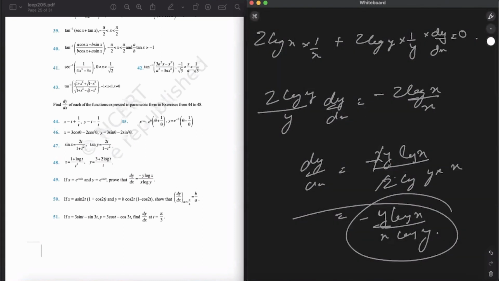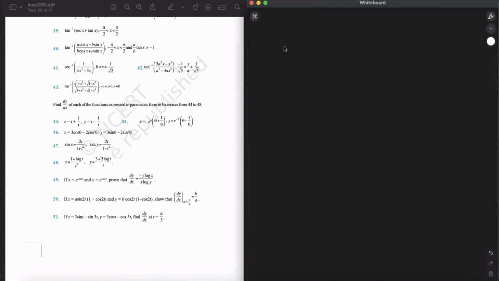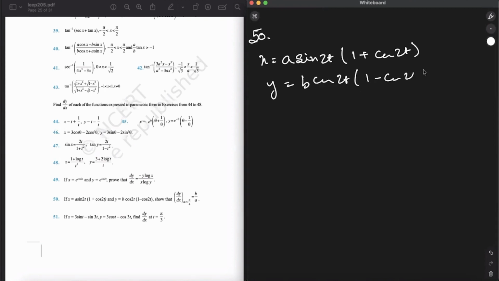So let's move on to the next question, question number 50. ठीक है, question number 50. तो if x is equal to a sin 2t (1 plus cos 2t) and y is equal to b cos 2t (1 minus cos 2t), then we have to prove that dy by dx at x equal to pi by 4 is equal to b by a.